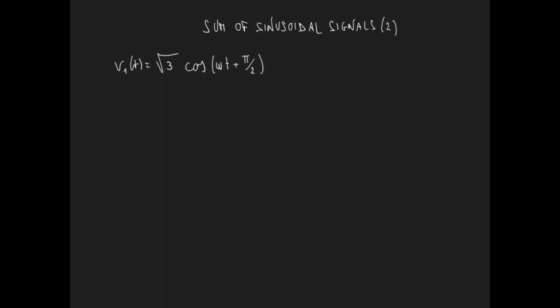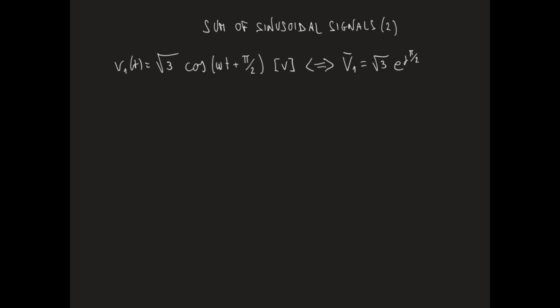Of course, if this is a voltage signal, it will be measured in volts. The phasor representation of this voltage signal, V1 bar, will have a modulus equal to the amplitude of the signal, so square root of 3, multiplied by e to the j, the phase of the sinusoidal signal, pi divided by 2.